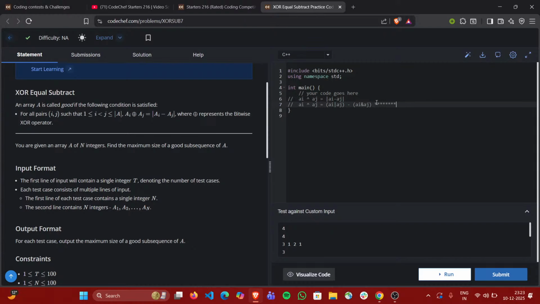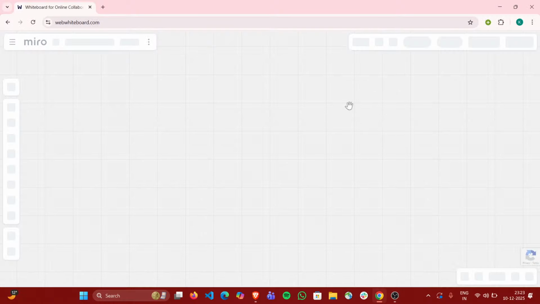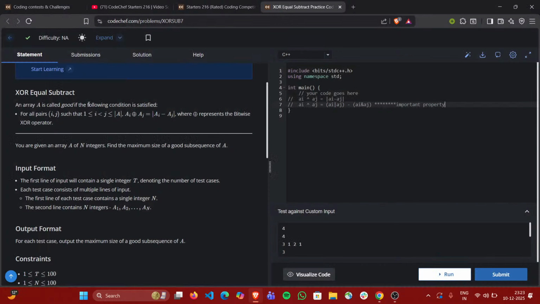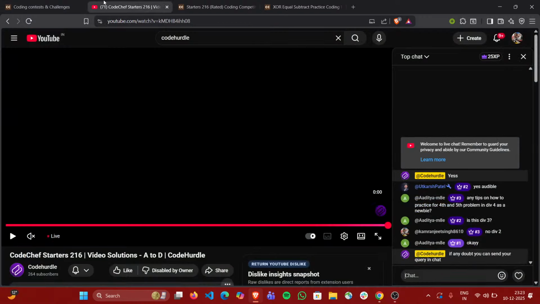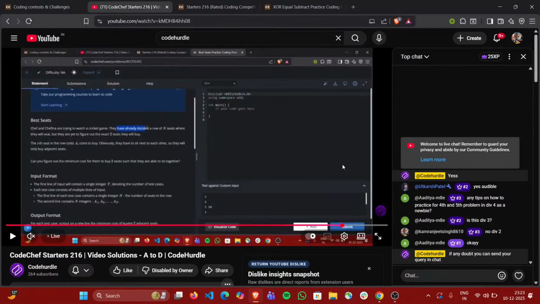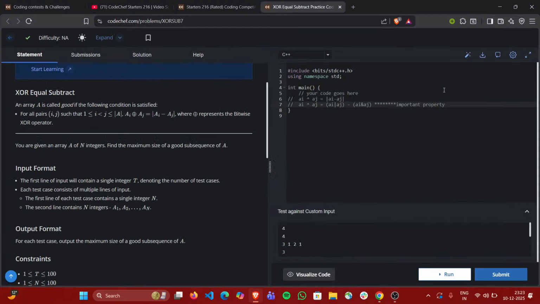It is an important property that you have to remember, and it will be used in this question.